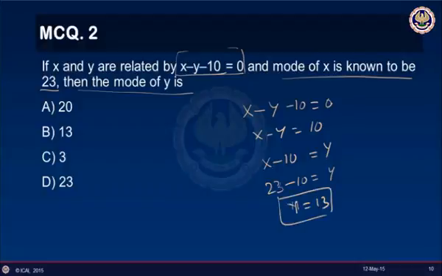So the mode of y is 13. Answer option B is correct.